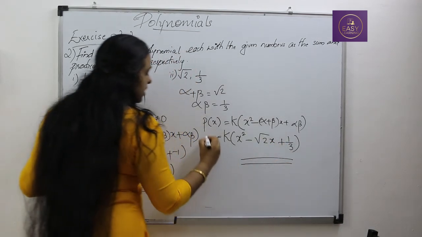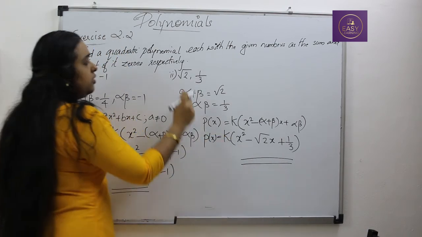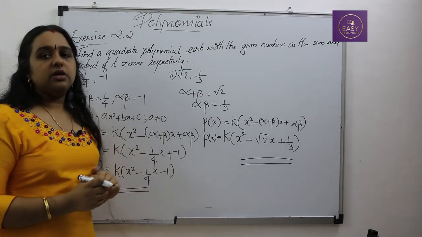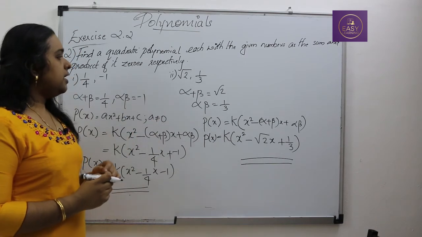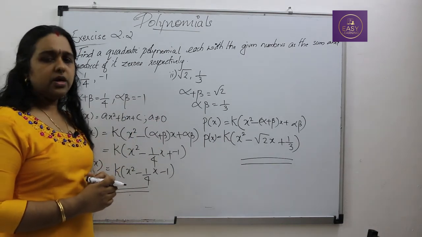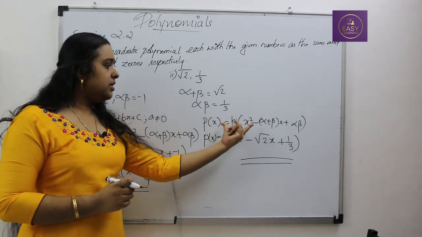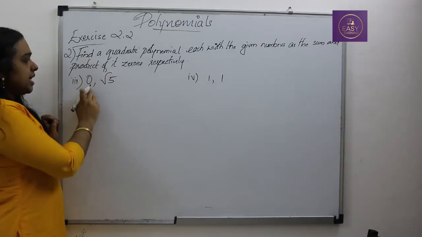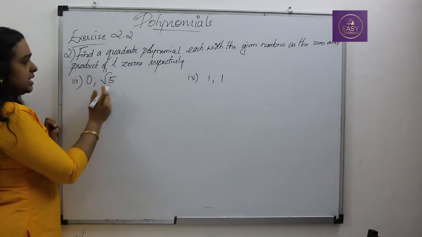This is the quadratic polynomial for the sum and product of zeros, root 2 and 1 by 3. Okay, it's very easy. Just need to remember this step, the general form.